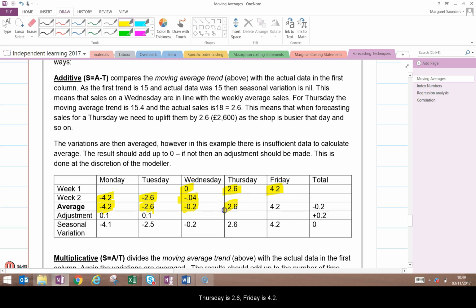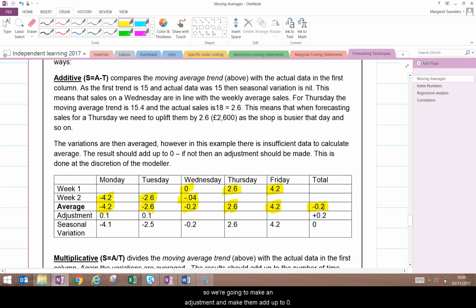Thursday is 2.6, Friday is 4.2. Now our seasonal variations should add up to 0. At the moment, if we add them across, it comes to minus 0.2.